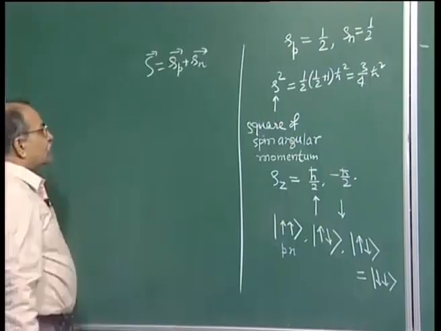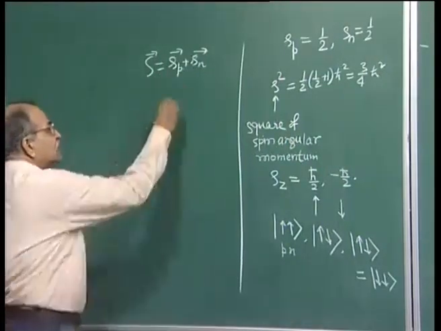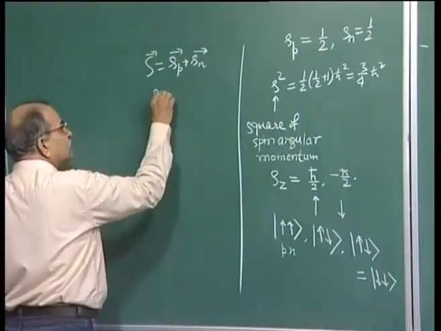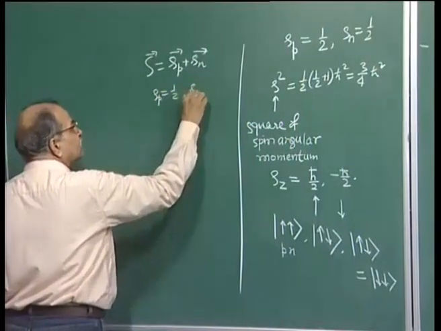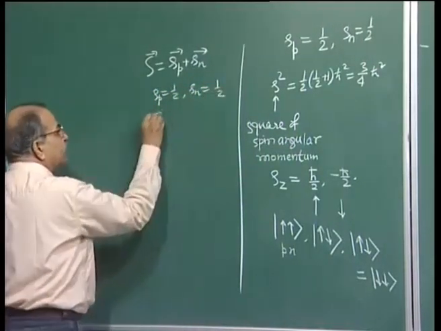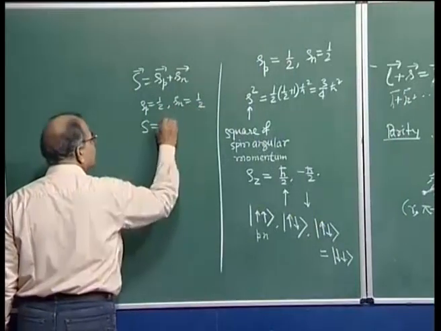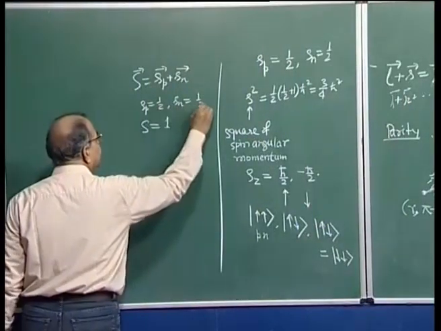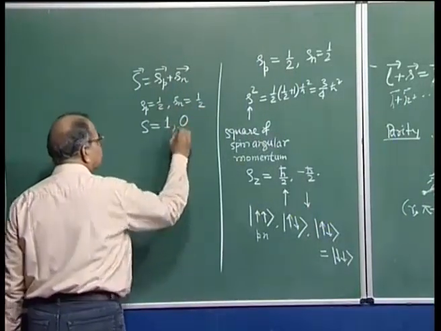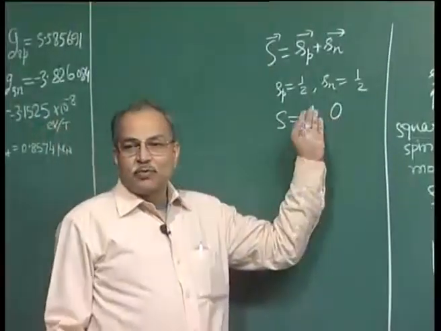First thing, Sp was half and Sn was half. So, the possible values of S are half plus half, that is 1, and half minus half, that is 0, and in steps of 1. So, only two possible values.